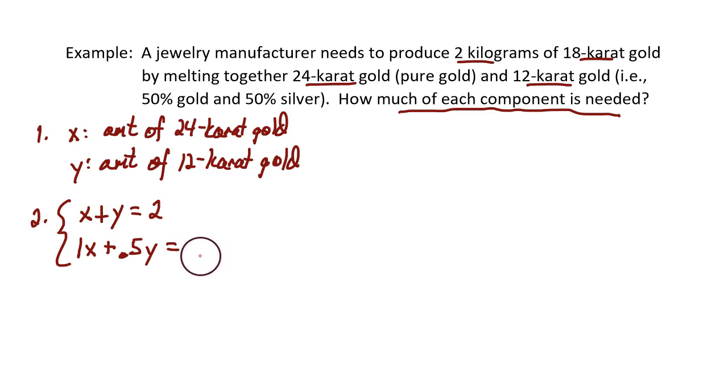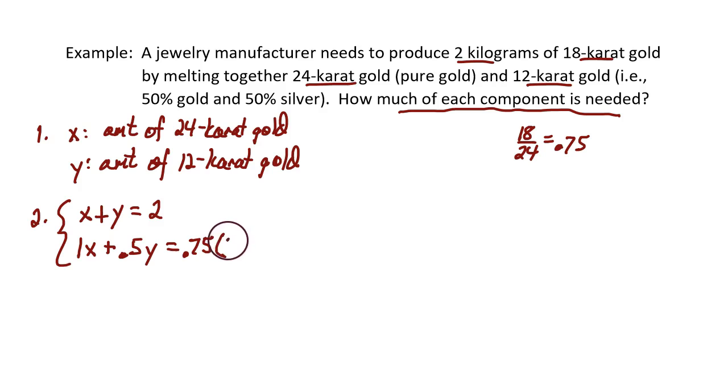What percent is 18-karat gold? That's the fraction 18 out of 24, which as a decimal is 0.75, 75%. When we mix these 2 components together, we create a type of gold that is 75% gold. The rest is silver.